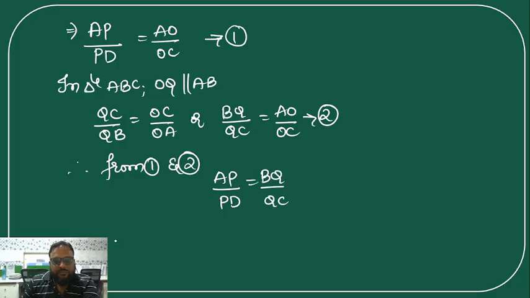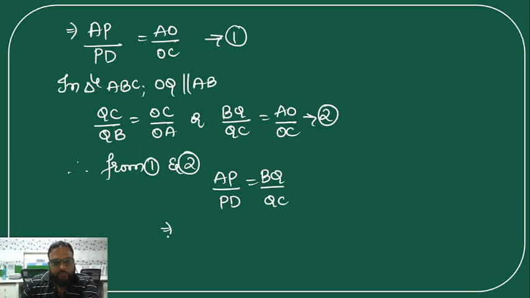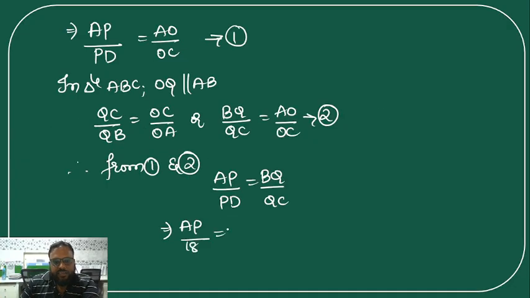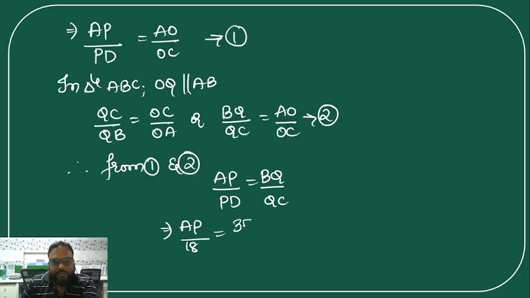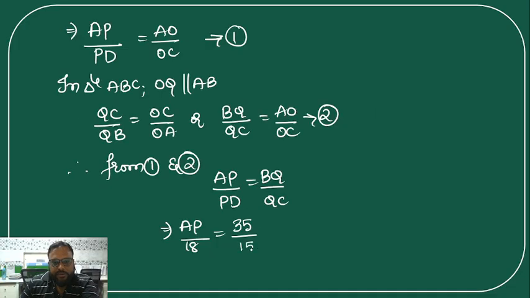Now let us substitute the values here. PD is 18. AP we don't know, let us leave it as it is. AP by 18 is equal to BQ, which is 35, by QC, which is 15.